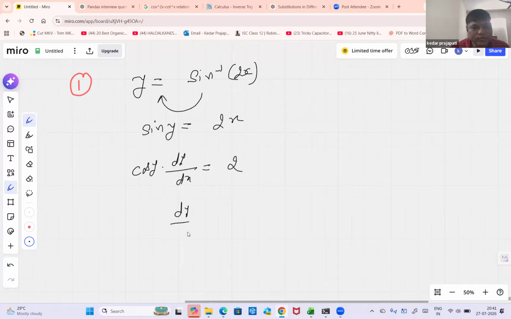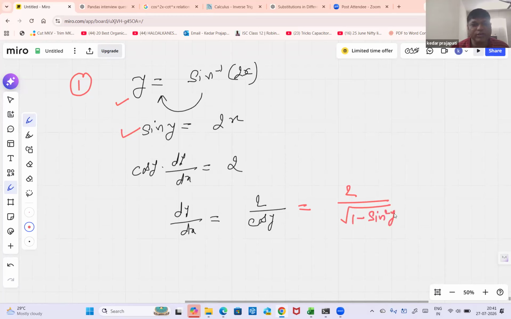So now dy by dx is equal to how much? 2 by cos y. But in the question there is no cos here. What we have to simply do is write cos in the form of sine: root of 1 minus sine square y.